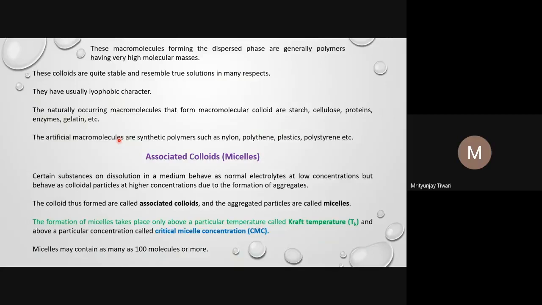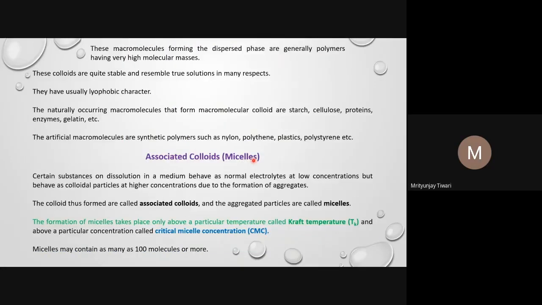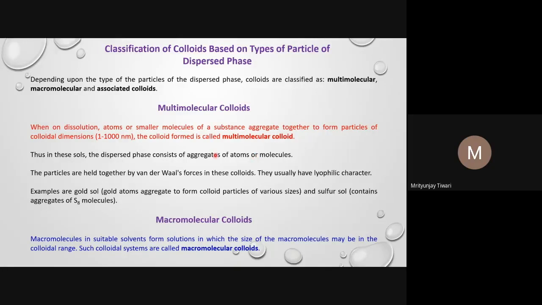Now let us look into associated colloids, which are also called micelles. Earlier we have seen multimolecular colloids, which are aggregates and usually have lyophilic character.